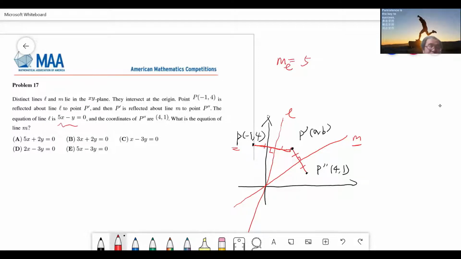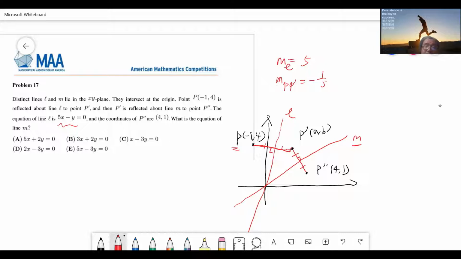From the equation 5x minus y equals 0. It's not hard to find the slope of the line PP prime is just equal to -1/5.